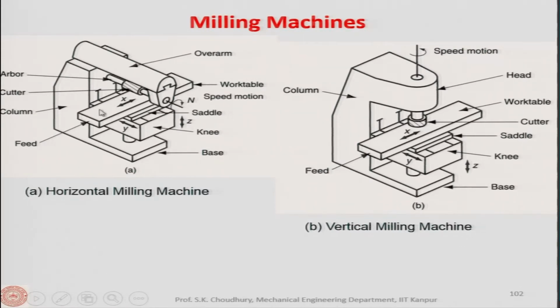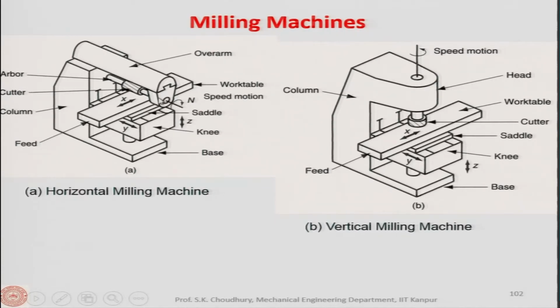In the horizontal milling machine, you will see that on the base the entire machine is located, including the overarm, on which we have the milling cutter. The milling cutter is mounted on the arbor, and the entire arbor is rotating, and this is the support. This supports the arbor: one end of the arbor is with the spindle of the machine, and the other end is attached to the support.